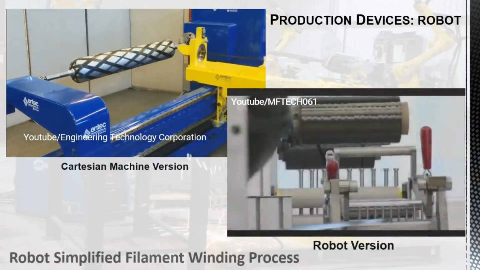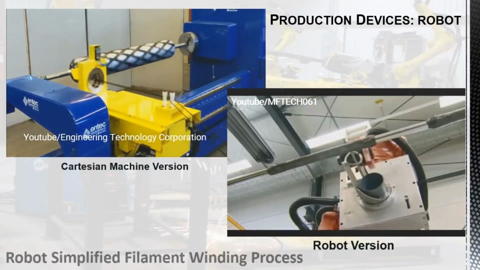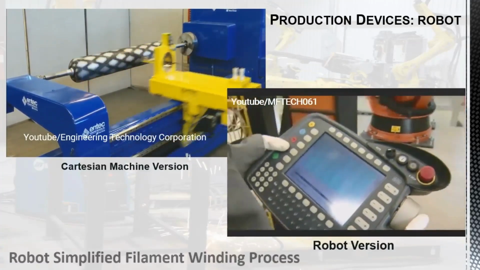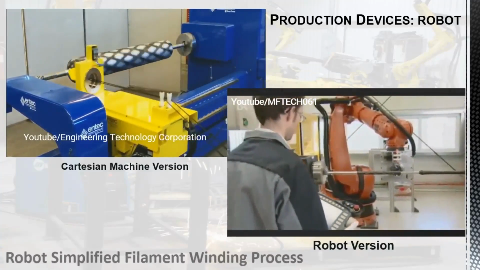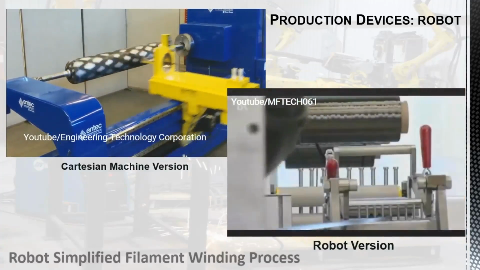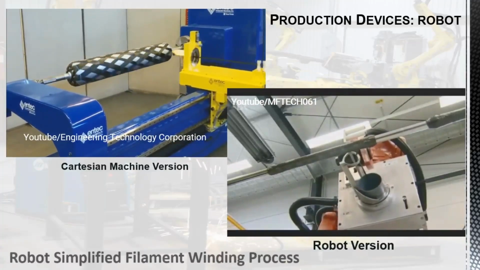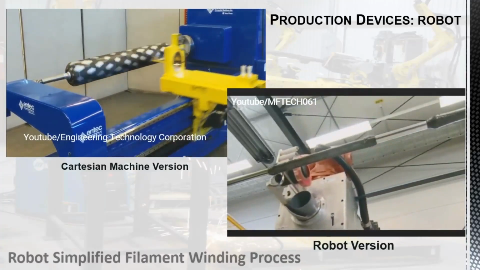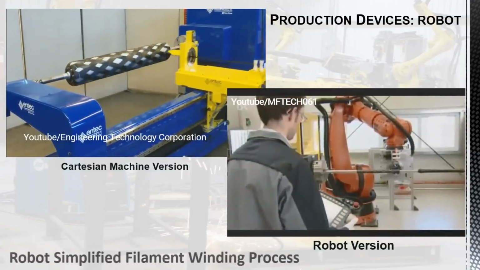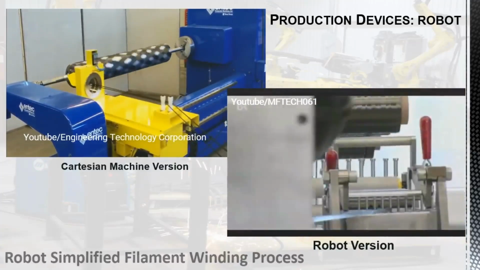Here is an example of production devices that use robots. If we use Cartesian machines like CNC machines or printing machines, the production process is a bit fixed, with fixed settings, compared to the robot versions.